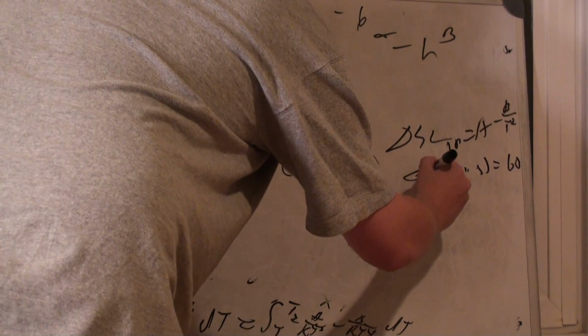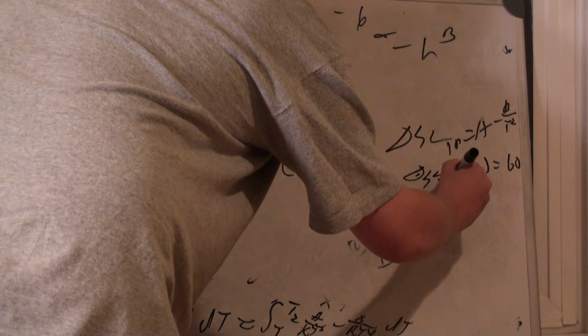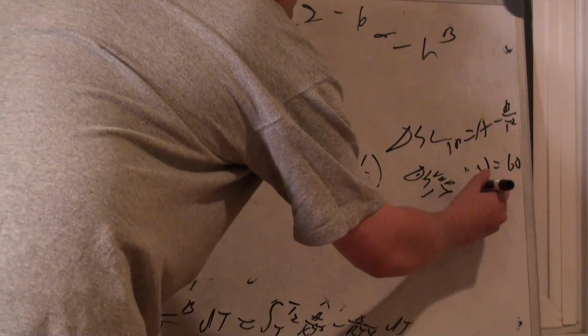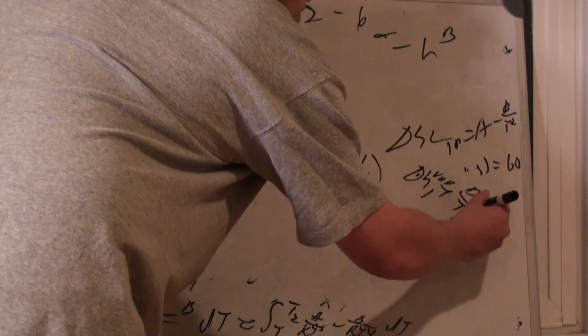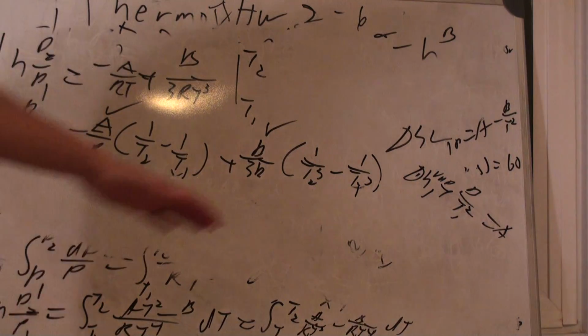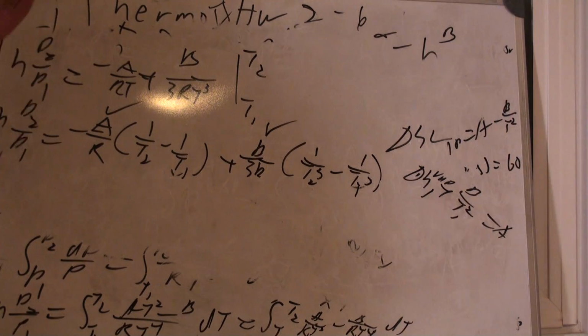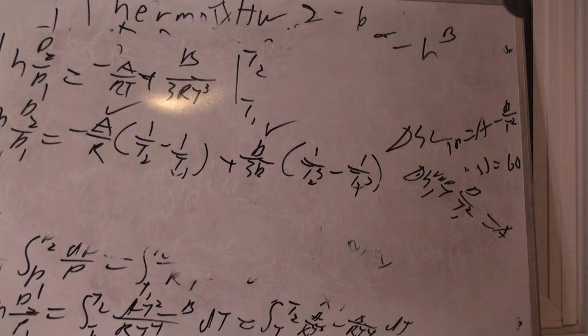Let's just do delta H vape at condition 1 plus B over T1 squared is equal to 8. That way I can keep it in variables. Okay, and then I plug that A in over here, solve for my B, and then plug that back in to solve for A. Okay? But at this point, it's just algebra.